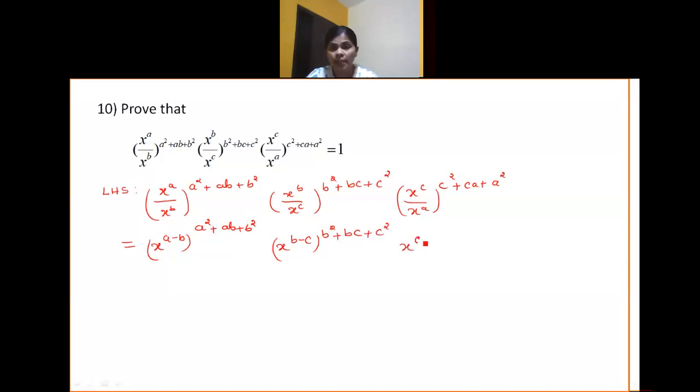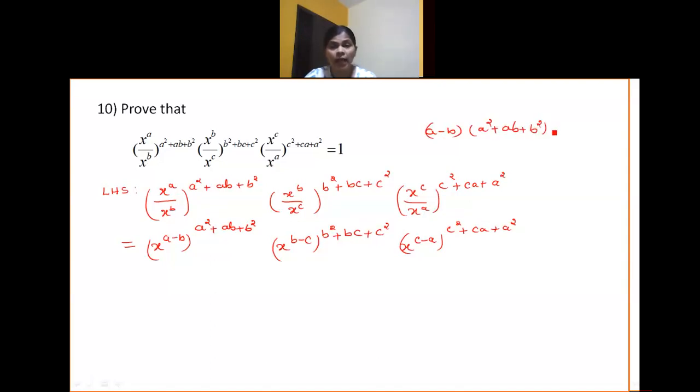The next term, x to the power c minus a to the whole power c square plus ca plus a square will remain the same. Now if I look at each term and its power, the powers are of the form a minus b into a square plus ab plus b square.